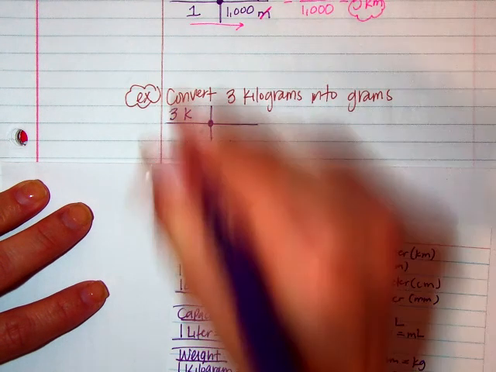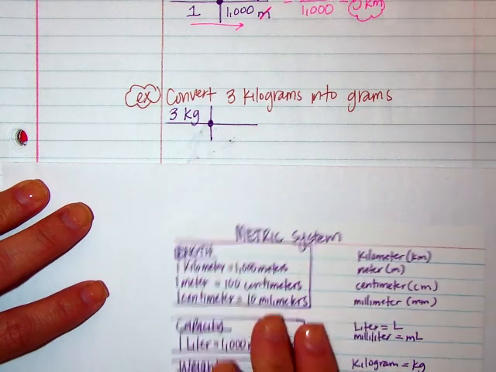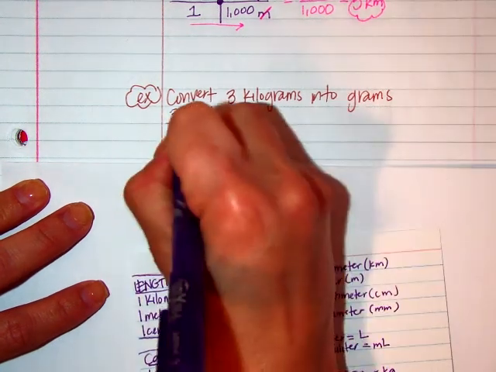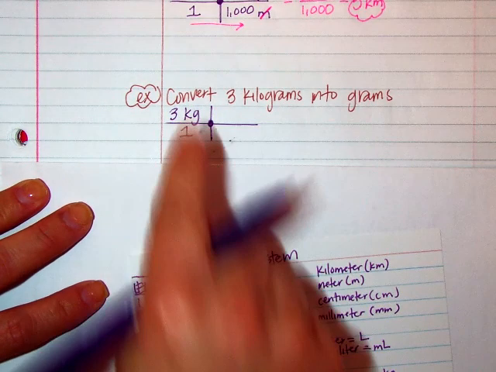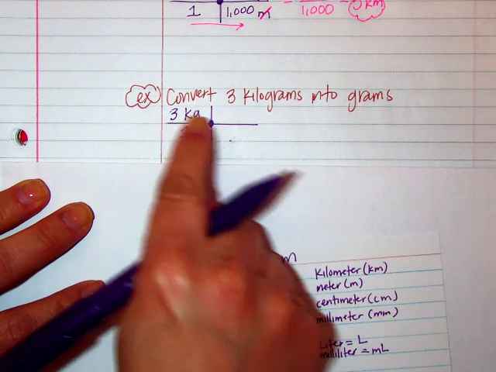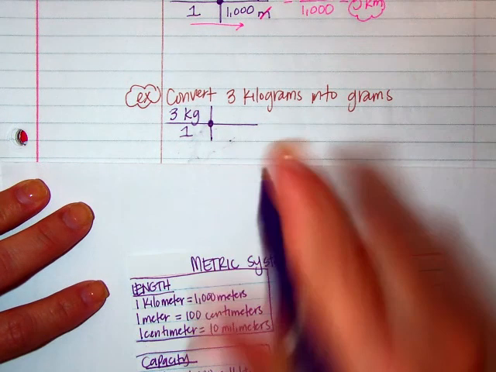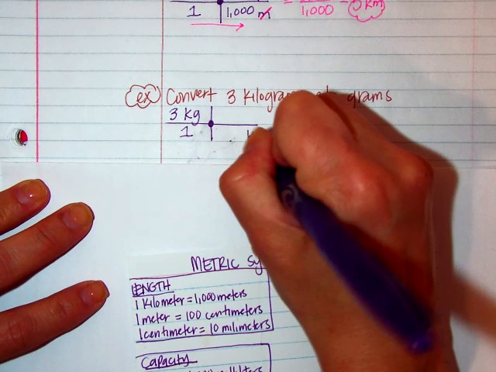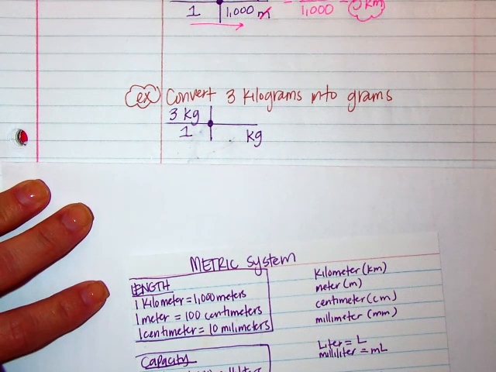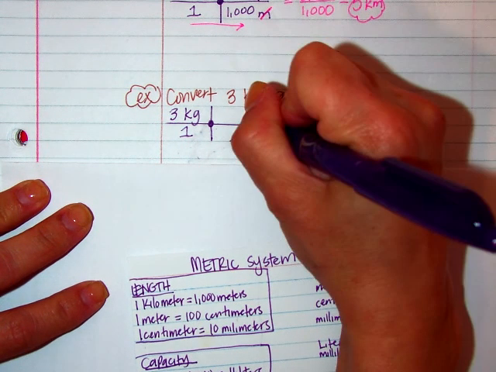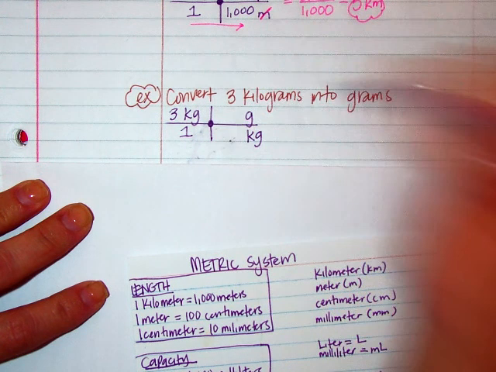So I'm going to use kg here over 1. And again, diagonal from kilograms, we should see kilograms also. So kilogram we're going to write on the bottom. And what do we want to turn this kilogram into? We want to turn them into grams. So I'm going to write just a G for gram on the top.